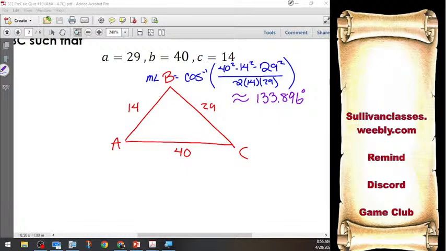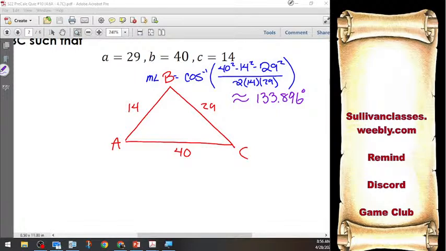Let's say, for example, that it is so ingrained in you to find A first. You found A first. What should you find after that? Depends whether you use law of sines or cosines, right? If you're using law of cosines, find the bigger one. If you're using law of sines, find the smaller one.